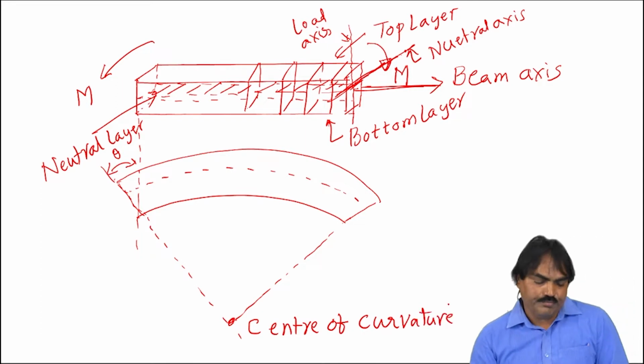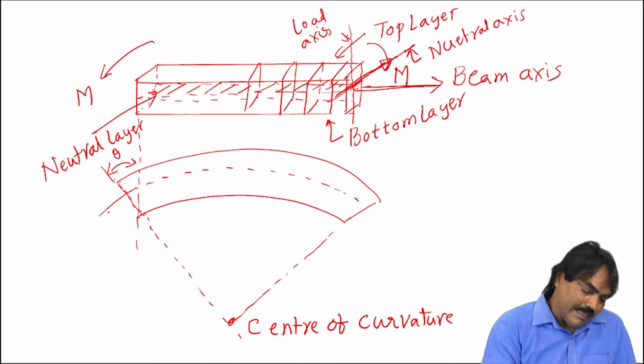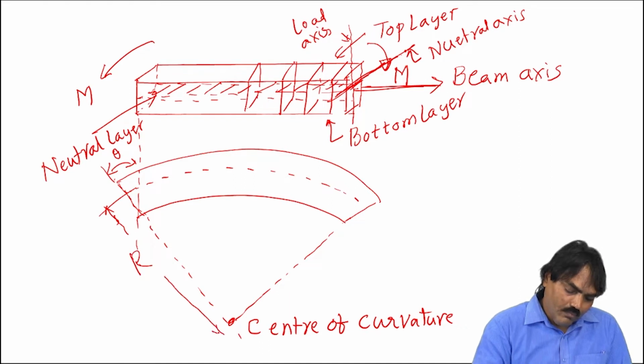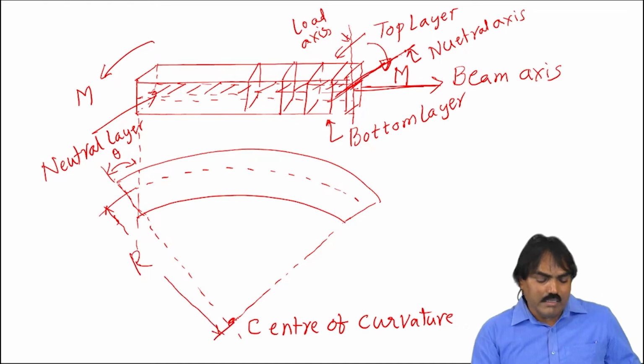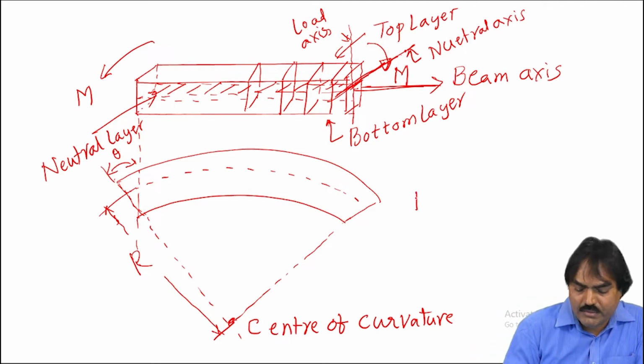Center of curvature. Now, the distance measured from the center of curvature to the center of the beam axis, that distance is called the radius of curvature. So, here R is the radius of curvature.